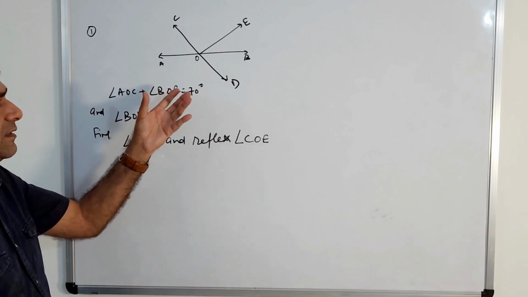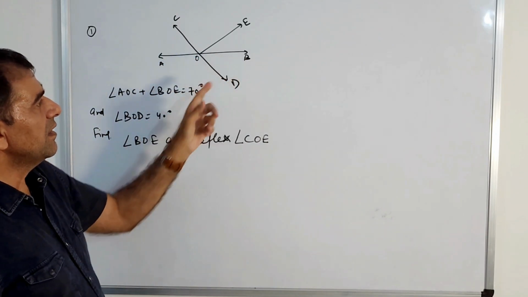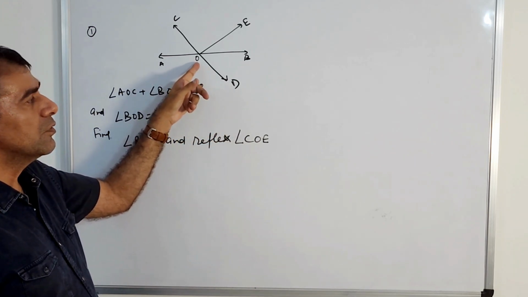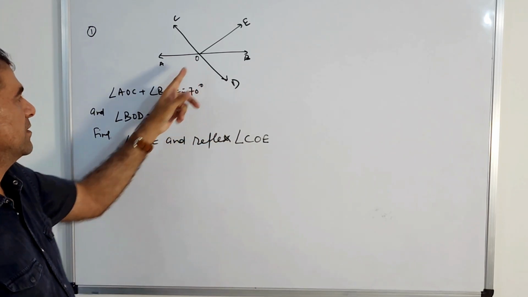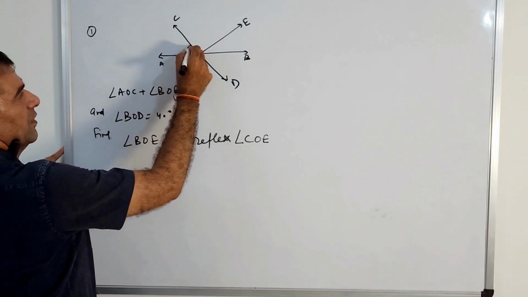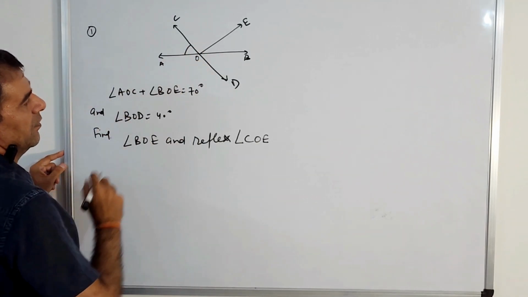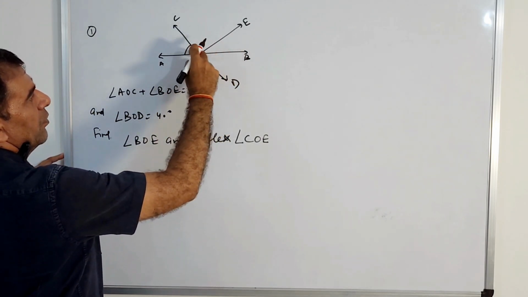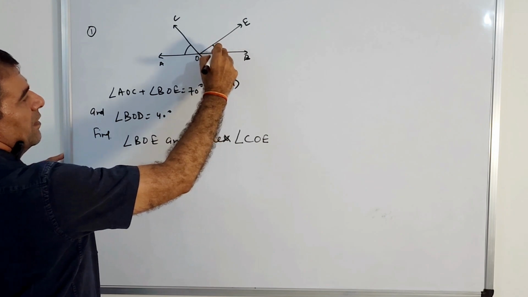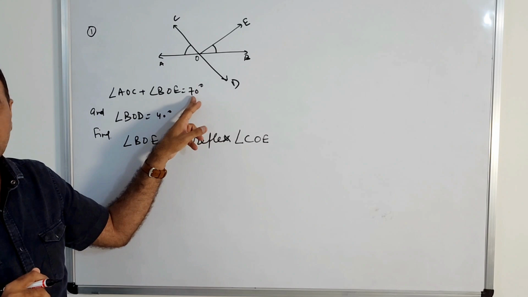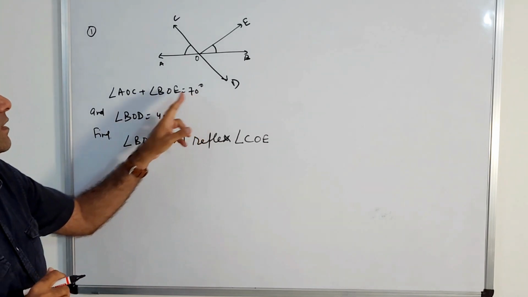We have been given that AB and CD intersect at point O such that angle AOC, what is angle AOC? This one, plus angle BOE, this one. These two angles are given as 70 degrees.